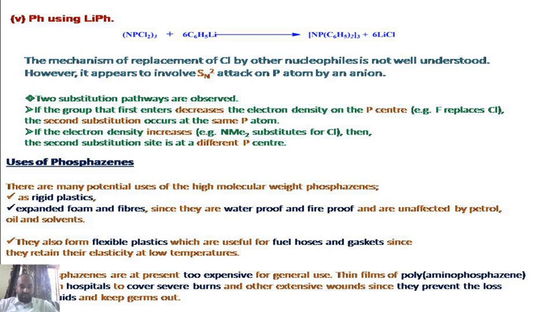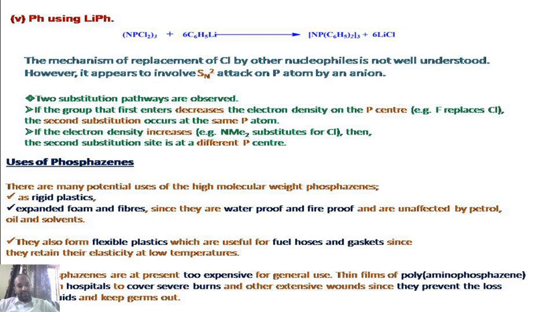So this is case 1. However, if the electron density gets increased by the incoming nucleophile, then the second substitution will occur at a different phosphorus center.